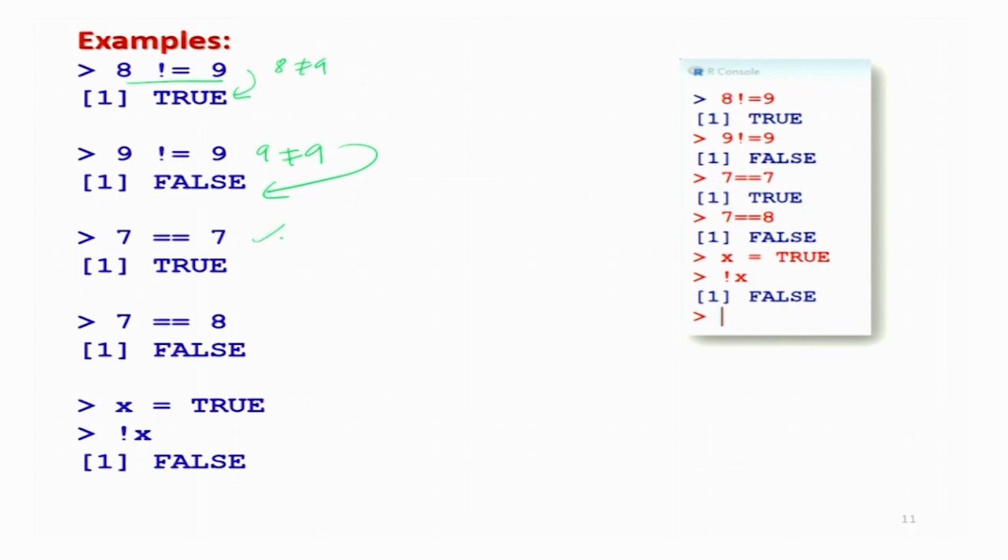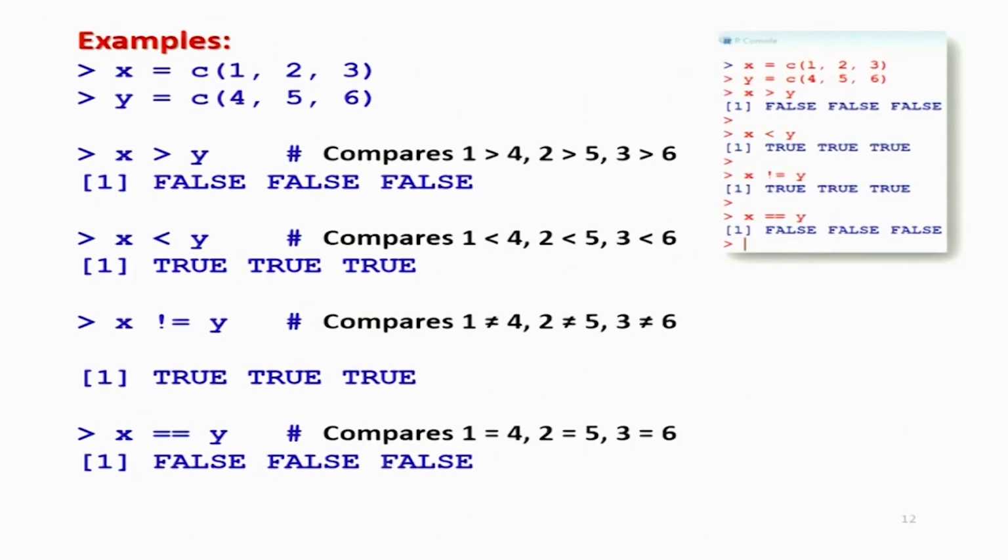Answer is obviously true. So, the answer comes out to be logical true. Right, here, is 7 equal to 8? Answer is false. 7 cannot be equal to 8. Now, in case you take one variable, say x equal to true, and then you see the negation of x, this comes out to be false. So, this is how you can see that these operations work on the R console.